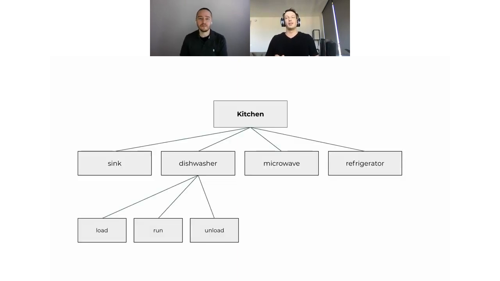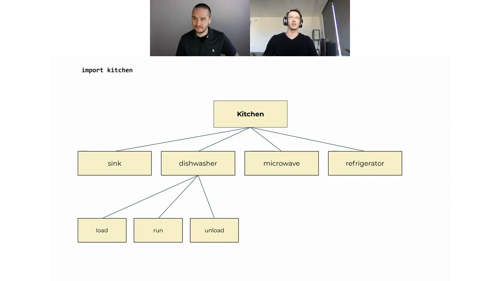Imagine for me that we have the ability to simply hire or bring in a kitchen. And that kitchen has a sink, a dishwasher, a microwave, and a refrigerator. And I can simply tell those things to do certain actions or activities. In Python, you would say import kitchen. There's a kitchen out there. Somebody else has done all the work to make the kitchen.